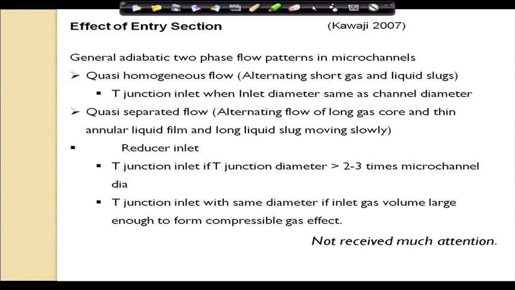And when we have a reducer inlet, what happens? When we put a reducer, both the phases tend to get accelerated, but naturally the gas slug tends to get accelerated more.